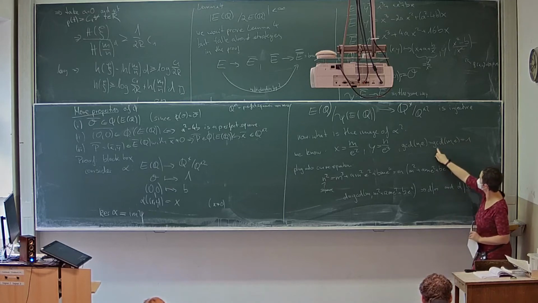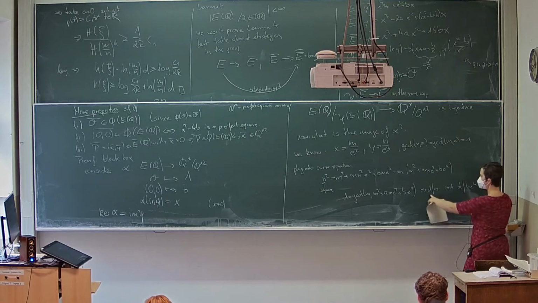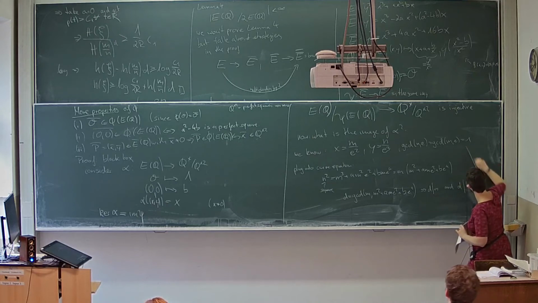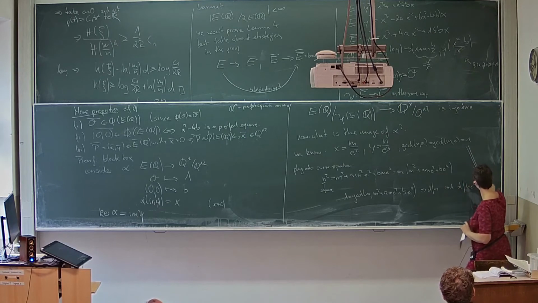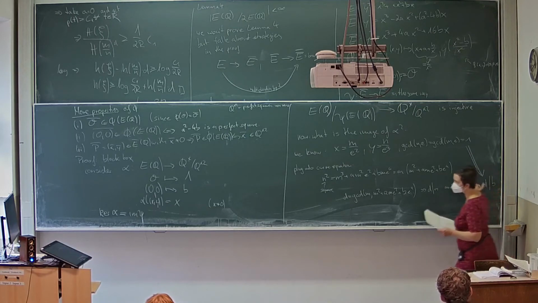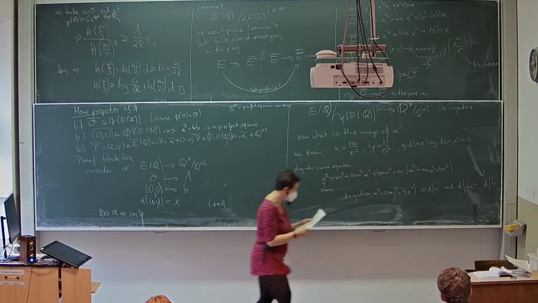So since M and e are coprime and D divides M, then D has to divide b. And now return to this and see what we can say now about this.